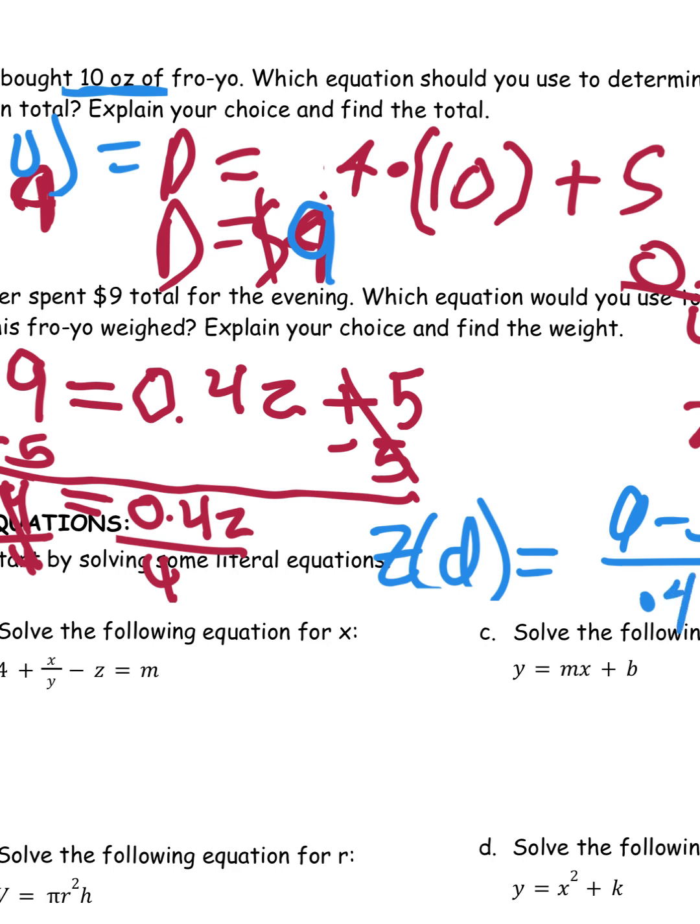That goes with that formula we just had for Z of D, and this would have gotten us to our $10. Make sure when we write any answers, we always put our units or whatever we're talking about. Are we okay with that?